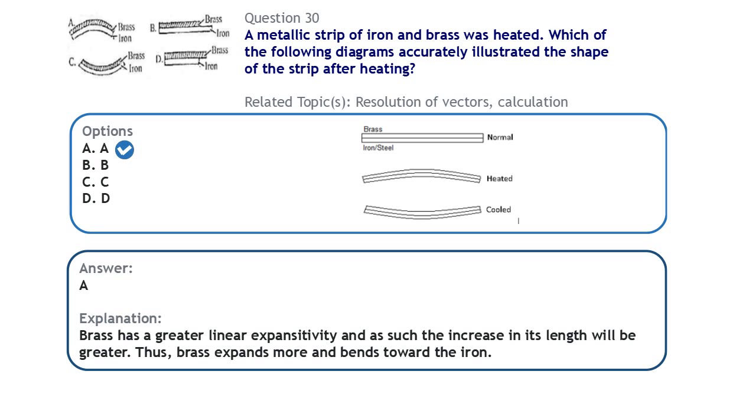If you look at that bending, you can see that the brass bends more than the iron. That means it has a greater linear expansivity. Since it bends more than the iron, it shows that it has a greater linear expansivity. So the correct illustration is what we have in this diagram here.